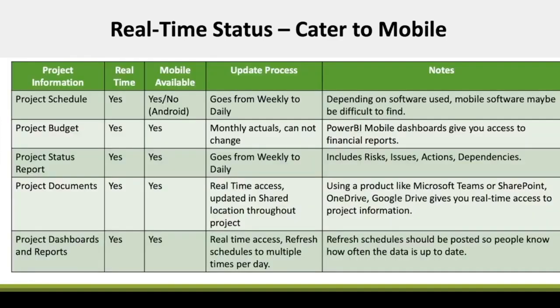So what are some of the things we can do? Project schedule. It can go real-time. There's some mobile apps, iOS, Android for sure. But what we're going to have to do is, we do a weekly update, we're going to have to do a daily update. Project budget, project status, project documents, dashboards and reports.